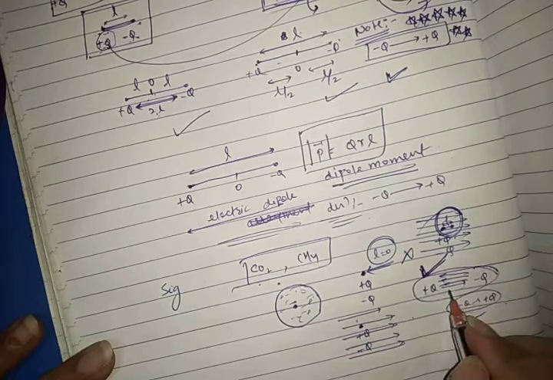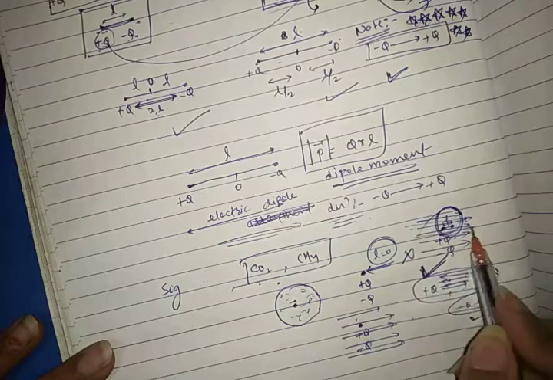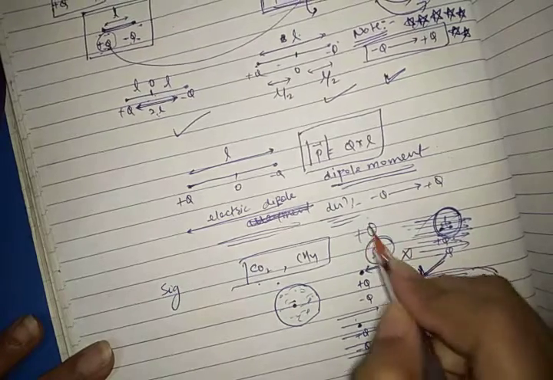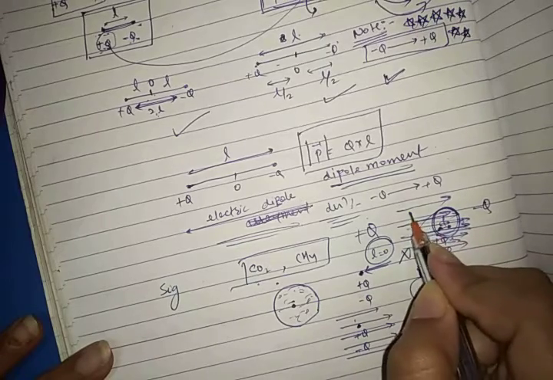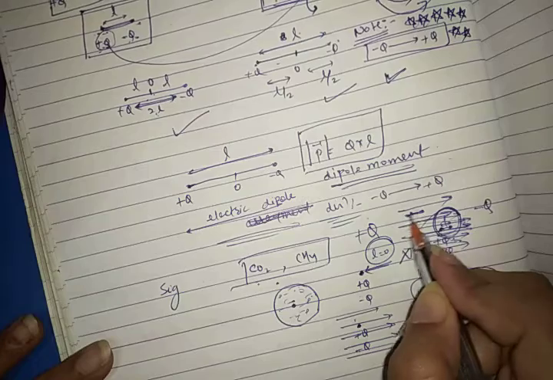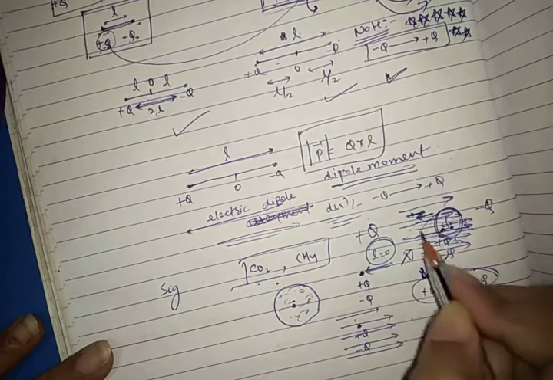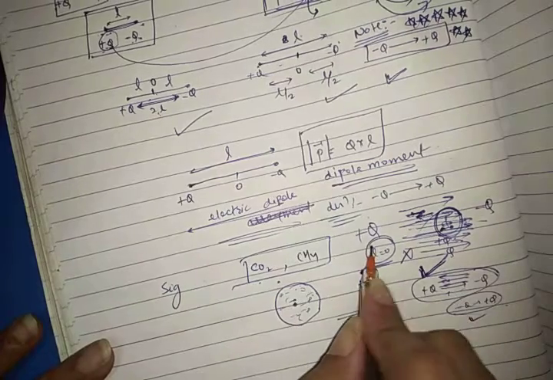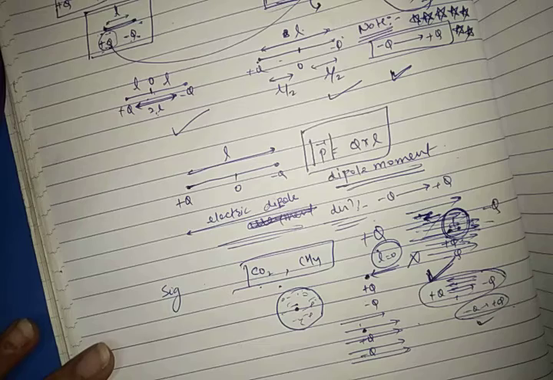This dipole moment is generated due to the external electric field, and the external electric field is always from plus q to minus q. So the dipole arrangement is generated and it will oppose its cause of generation. So the dipole moment direction will be in the opposite direction, from minus q to plus q, right? So this is the significance of the dipole moment, why we study dipole moment, right?